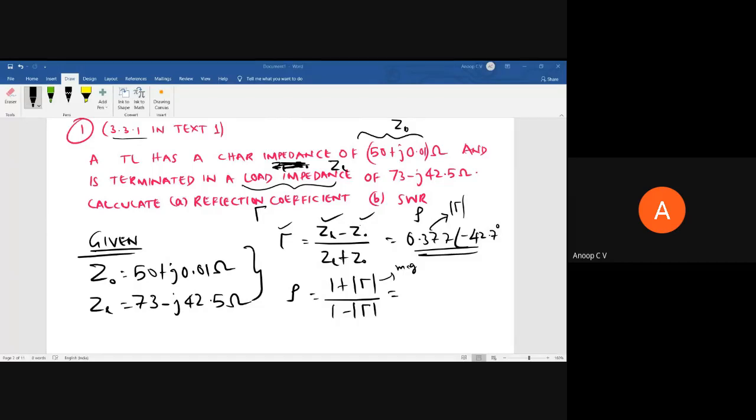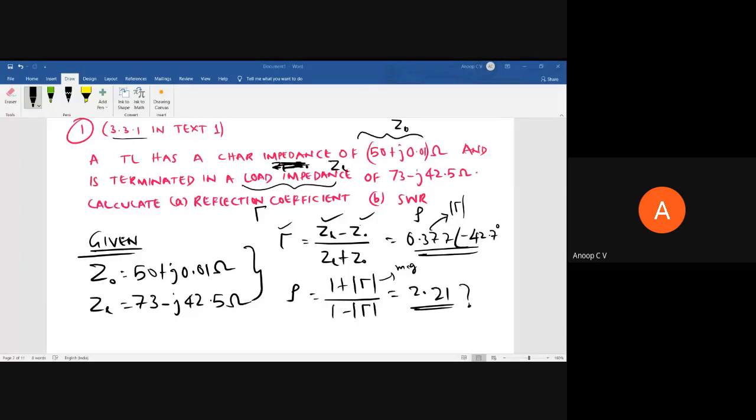What is the answer for rho? 1 plus 0.377 by 1 minus 0.377. Is it equal to 2.21? Please confirm. 2.19.